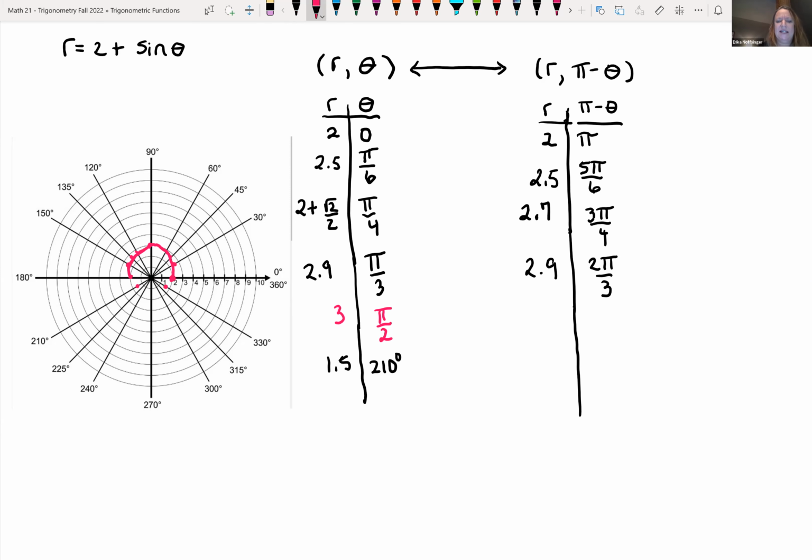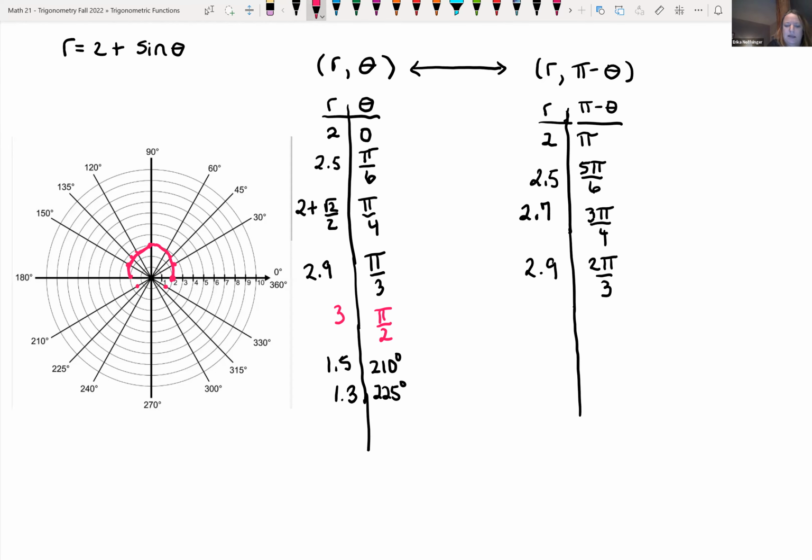So let's look at 225 degrees. At 225 degrees, I know that sine of 225 degrees is negative root 2 over 2. So if I have 2 minus approximately 0.7, this gives me approximately 1.3.